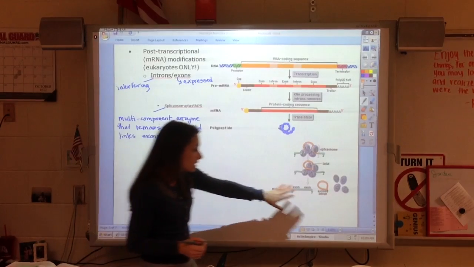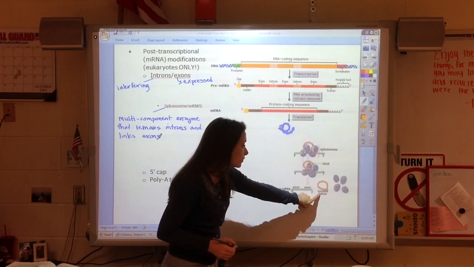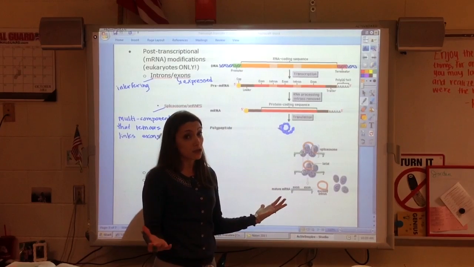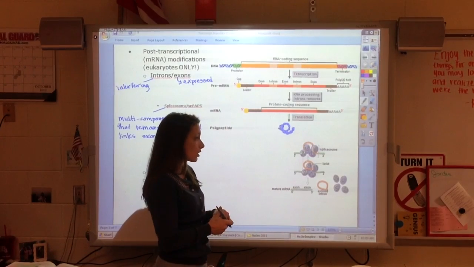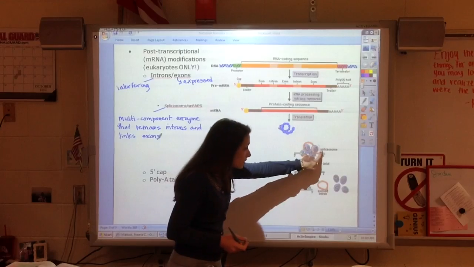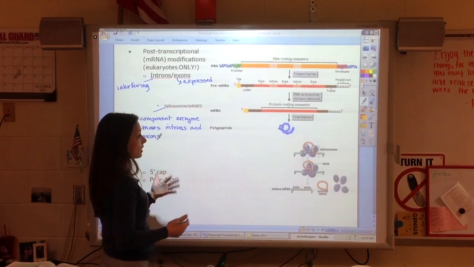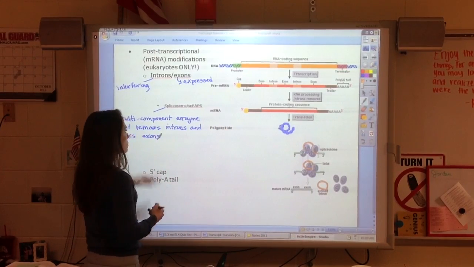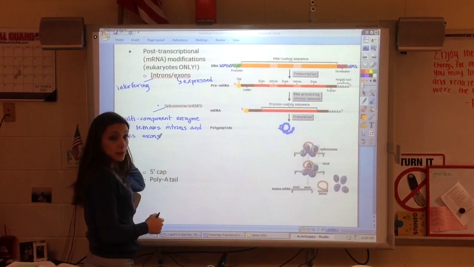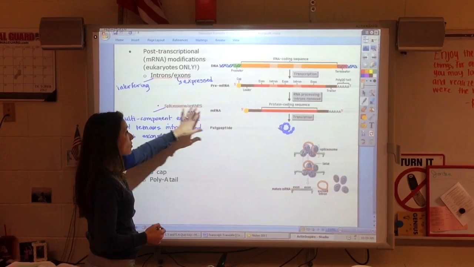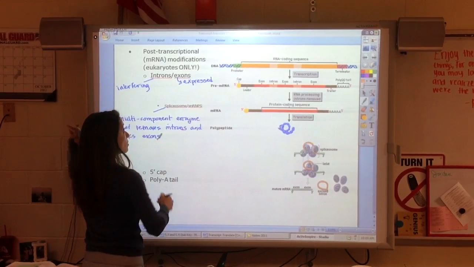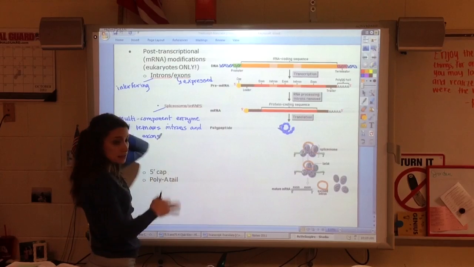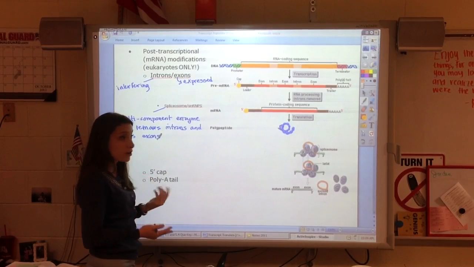And so the intron that is removed is going to just be degraded and those nucleotides reused. The spliceosome can do its job over and over again. And so they're also called SNRPs. It means the same thing, spliceosome or SNRP. And so they're going to be part of processing the mRNA.